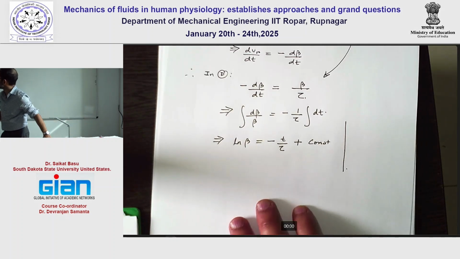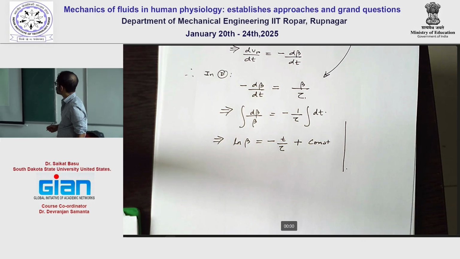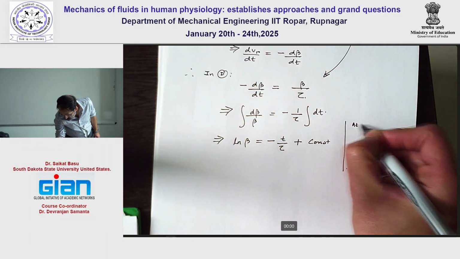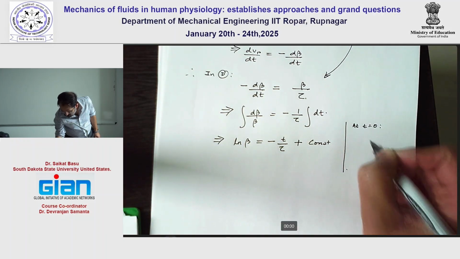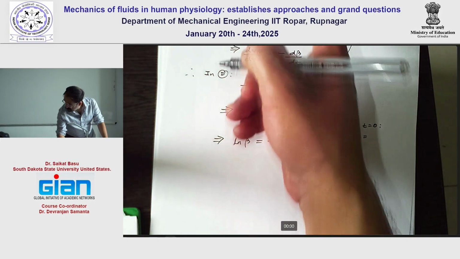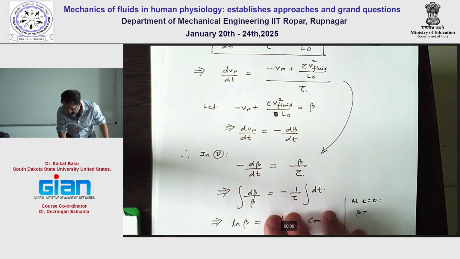To evaluate this constant, let's think about what is happening at t equal to 0. Beta we have already assumed to be this numerator that we had replaced.